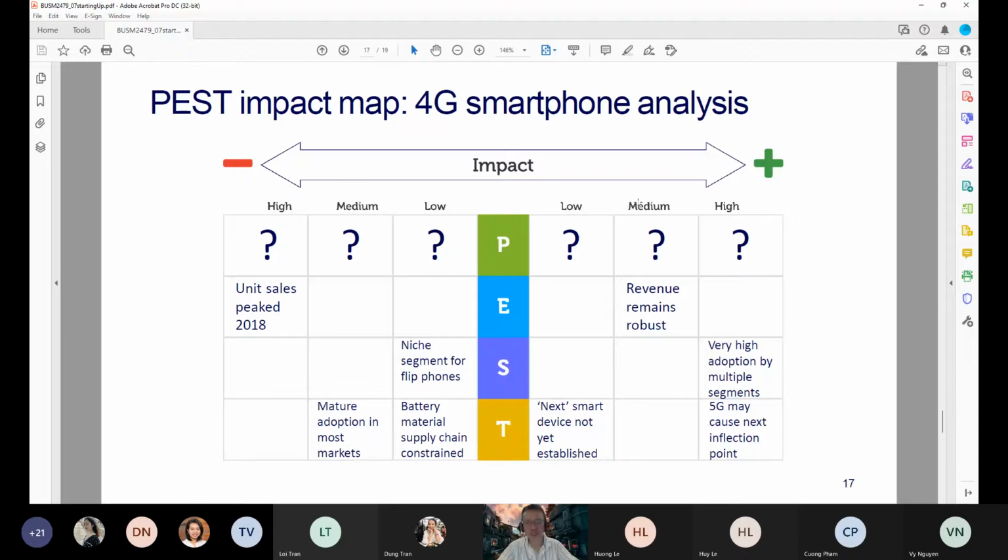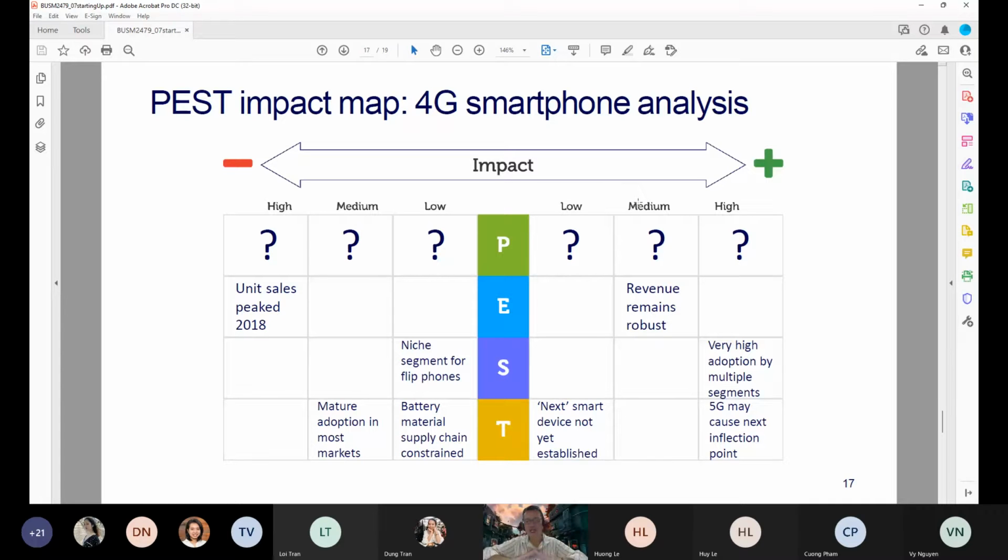It helps give you a better analysis, because often some things that cause a strong positive impact will also have a negative impact, same factor. So I haven't filled in this whole thing, and I've done this in a very simple way just for this course. I didn't do politics, as I said. But even based on the data I've just showed you, I'm able to fill in positives and negatives for 4G.